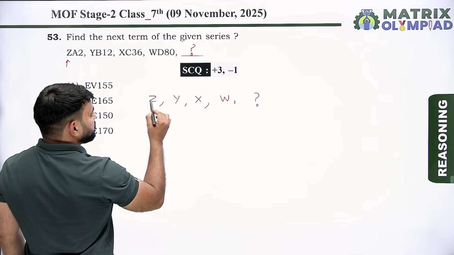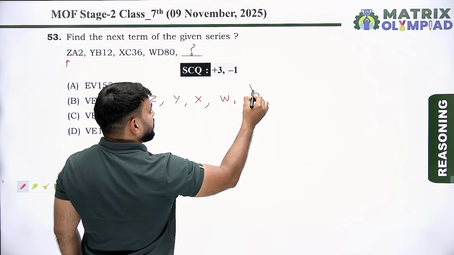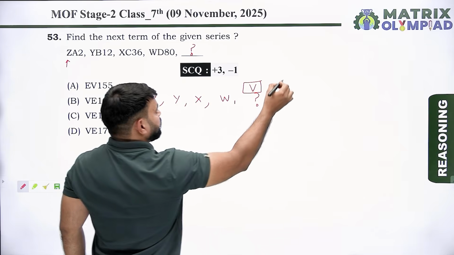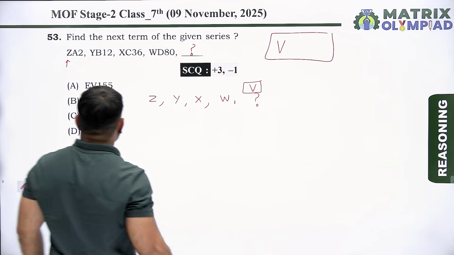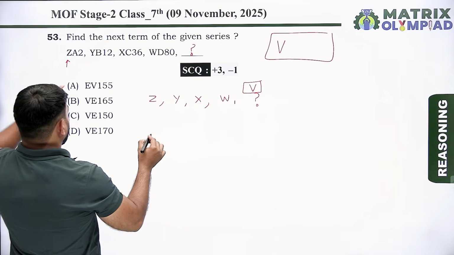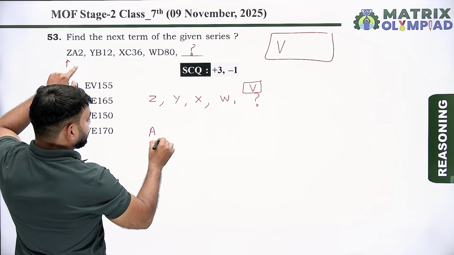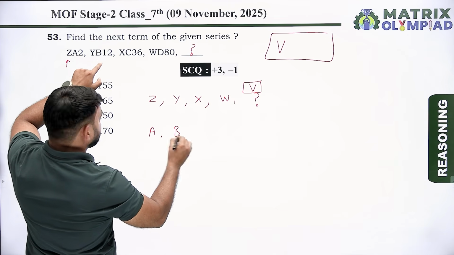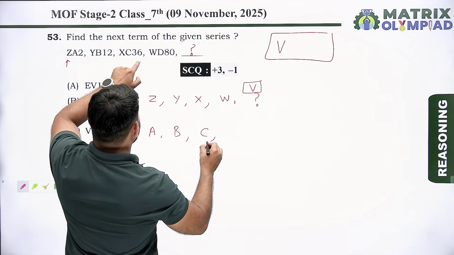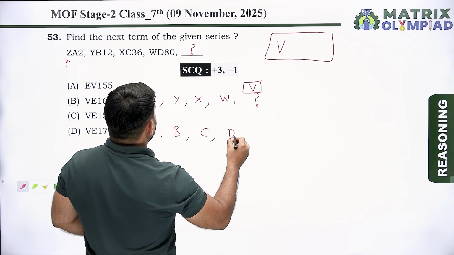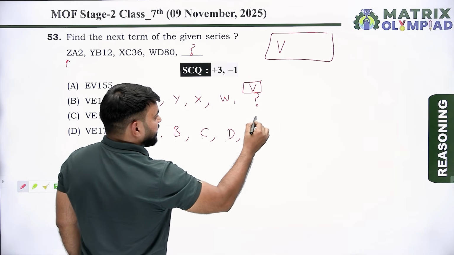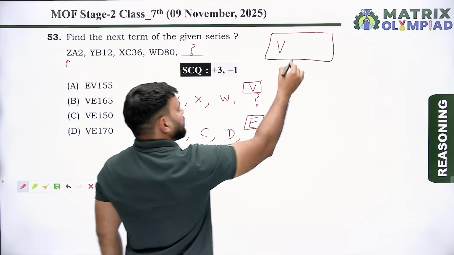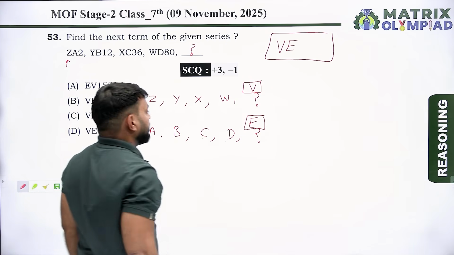So now pattern is Z, Y, X, W, now next is V. So first alphabet of missing term is V. Now taking second alphabet of each term. So second alphabet of first term is A, second alphabet of second term is B, second alphabet of third term is C, after C next is D, and after D next is missing. So now pattern is A, B, C, D, and next is E. So second alphabet of missing term is E.